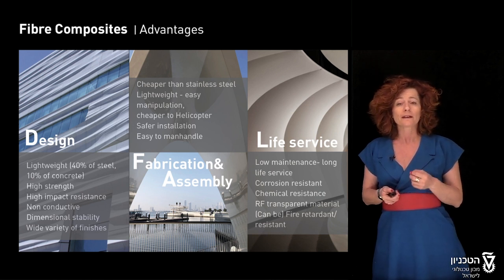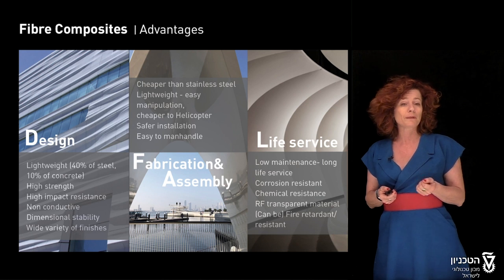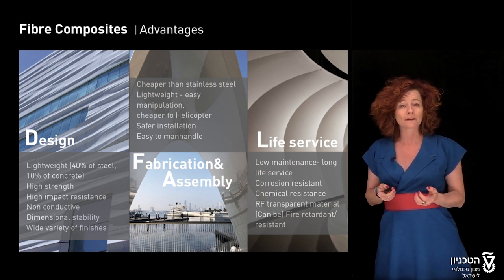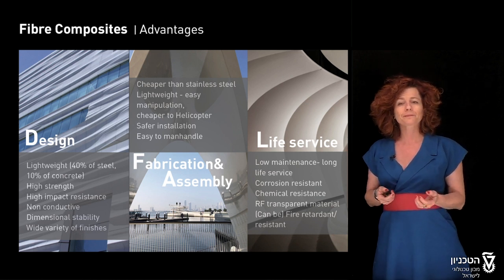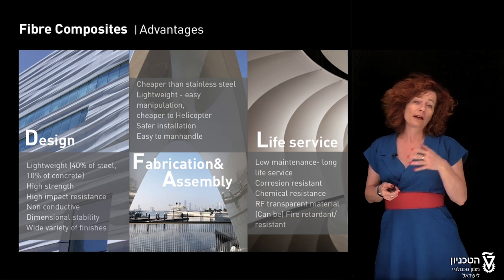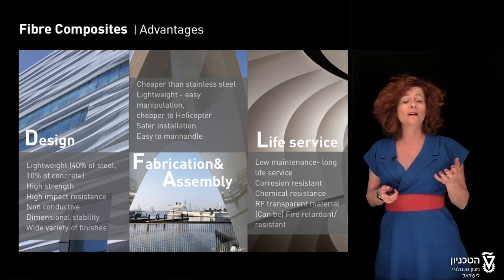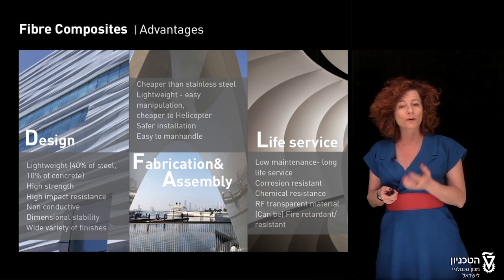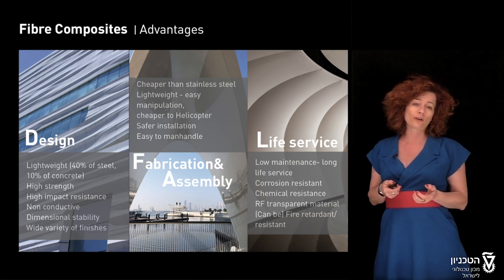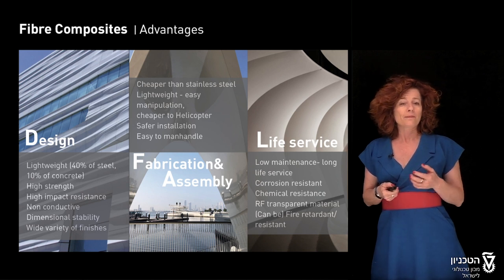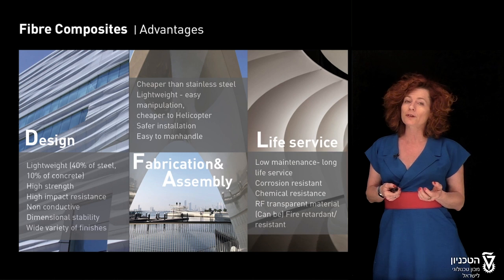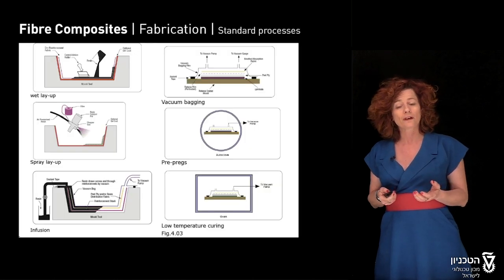And not only that, but its assembly would be affected too, because elements are lighter, it's easier to manipulate, to manhandle, it's safer to install, it's cheaper to helicopter or transport, and so on. And finally, its life service, the fact that it's so resistant to corrosion, the chemical resistant, also means there is a low maintenance and a long life service. This, of course, affects the choice of material over others, and also the way it is implemented within a project.